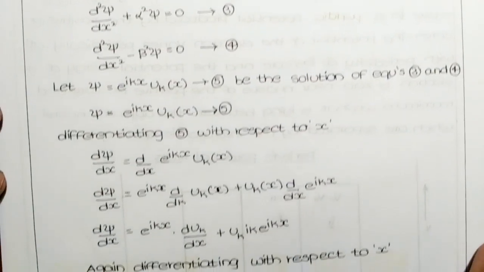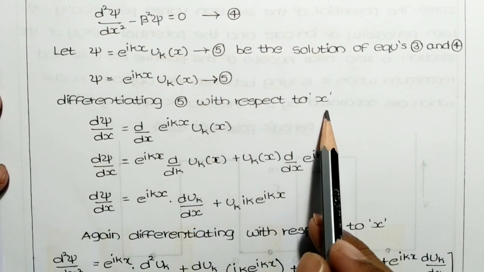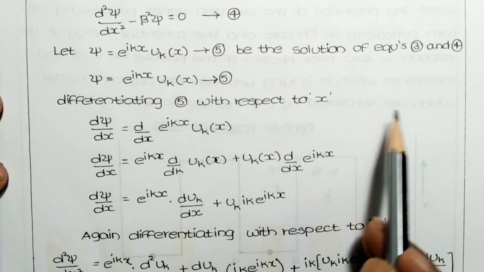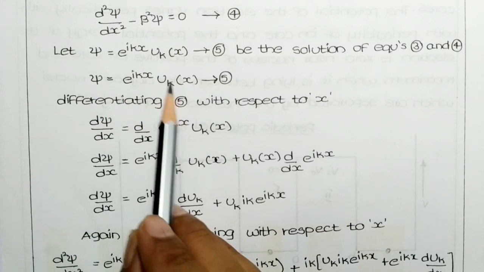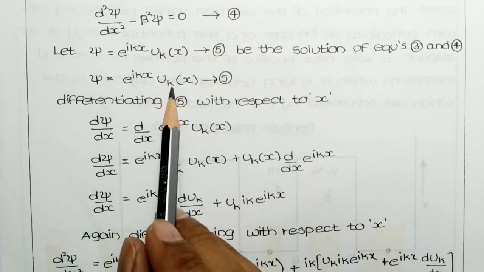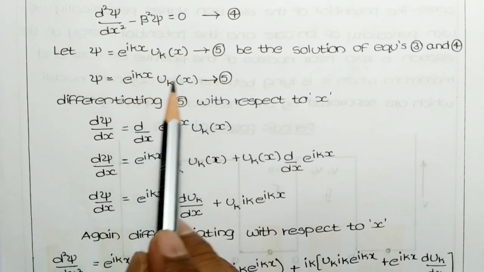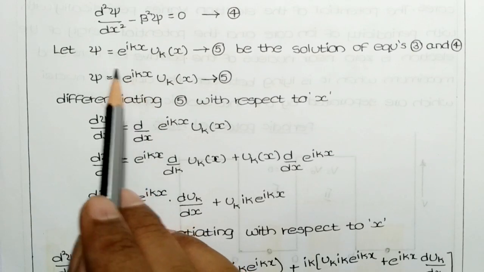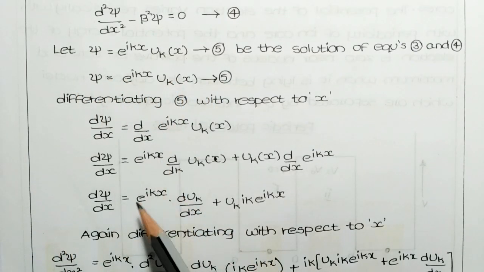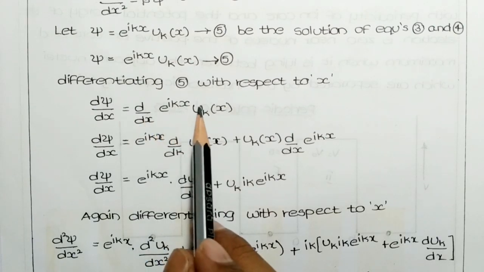Now differentiate this equation with respect to x, because along the x-axis at different positions this shows different potential values. This is similar to uv, so I have to differentiate in this manner. ∂ψ/∂x = d/dx of e^(ikx) u_k.